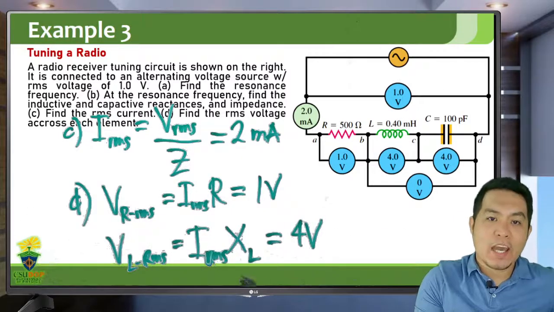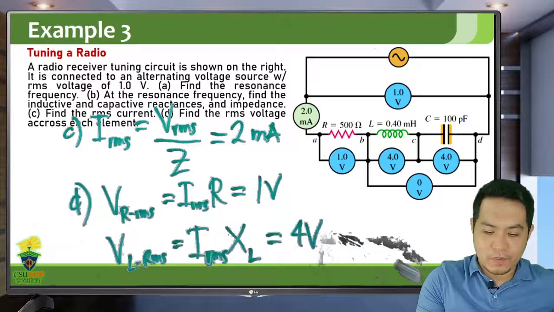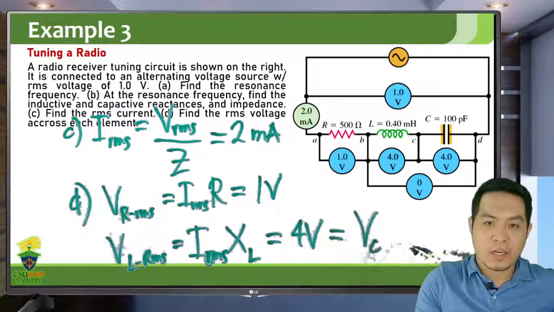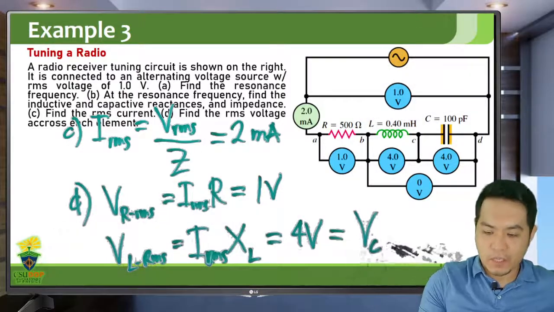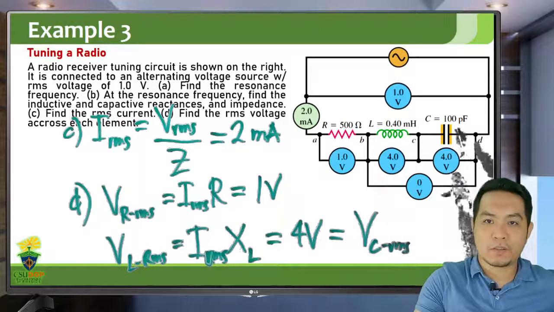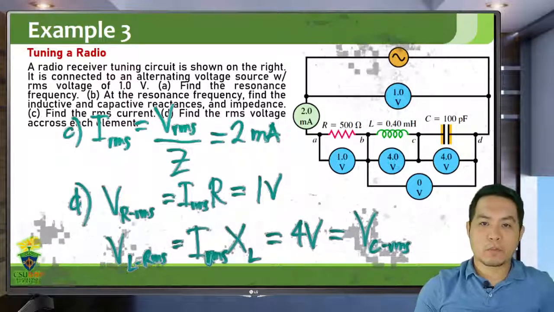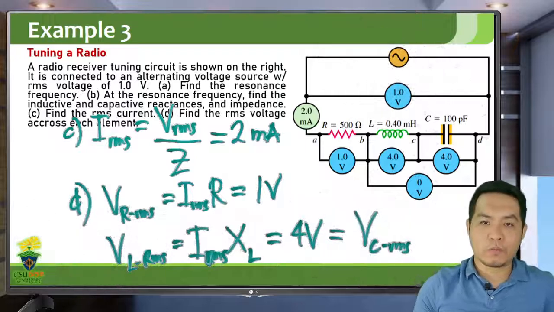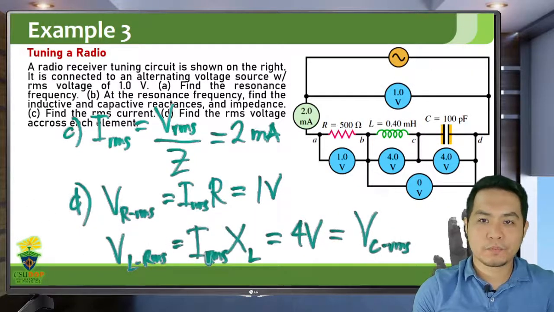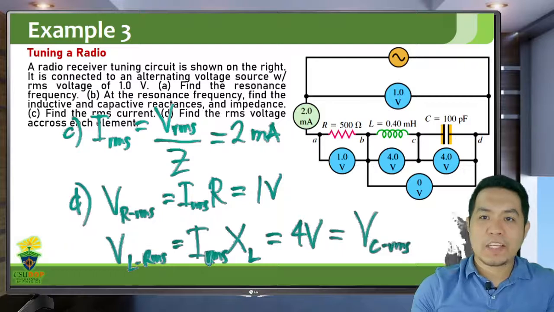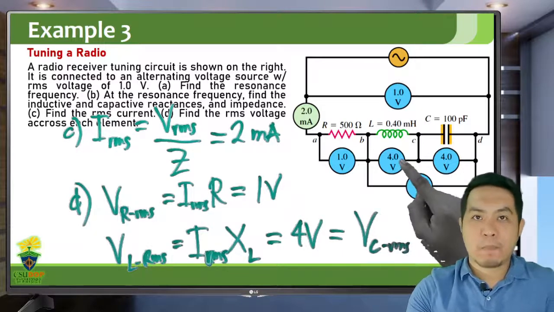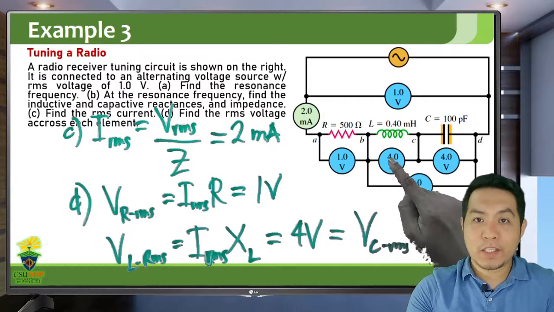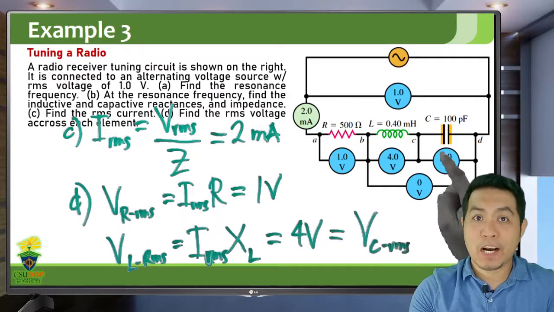And since XL and XC are the same, this is also equal to the RMS voltage across the capacitor, 4 volts. But the voltages in the inductor and in the capacitor are out of phase. When we say out of phase, they're exactly opposite of each other.